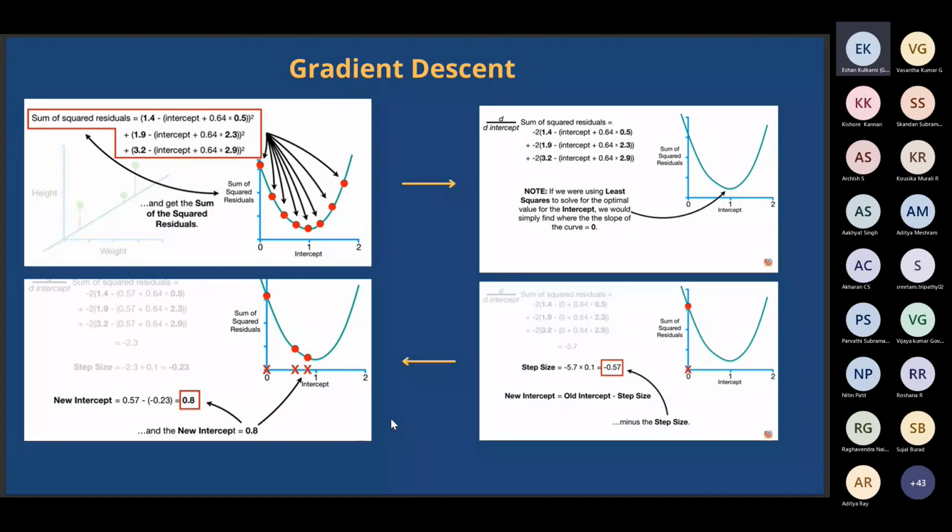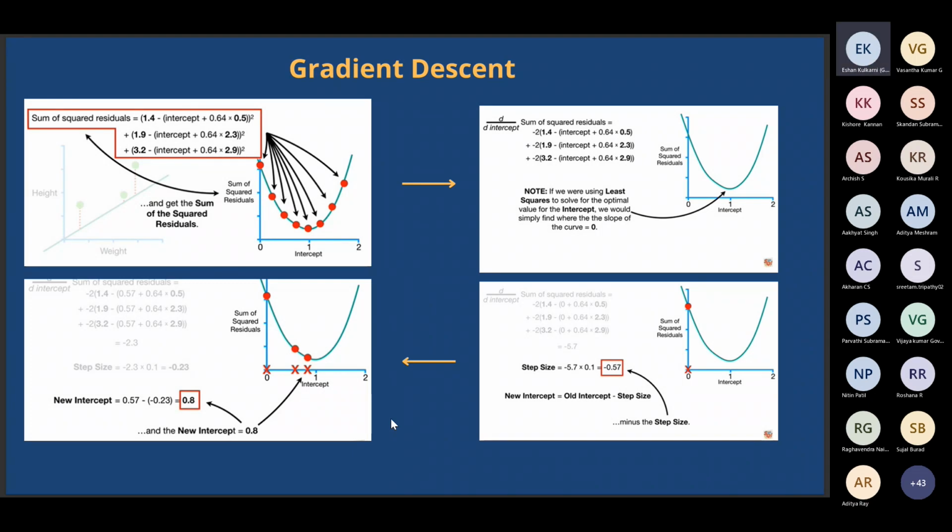Initially we have data that says Ishan, with weight 0.5 units, has a height 1.4 units. Skandan with weight 2.3 units has a height 1.9 units. And Kishore with weight 2.9 units has a height 3.2 units. That is the data. We're just taking 3 points for simplicity, and we want a line that can predict these values with a good amount of accuracy.